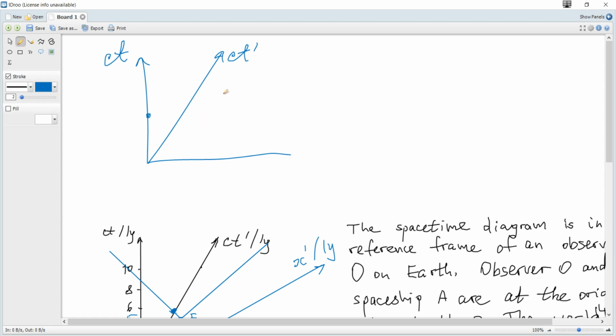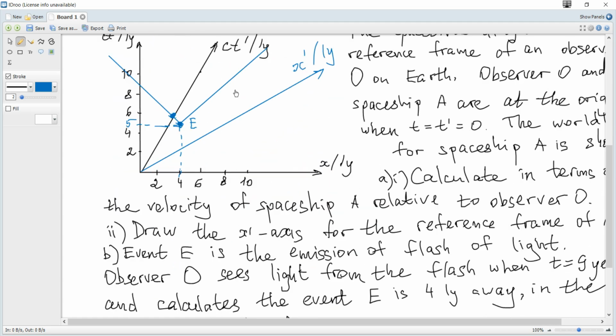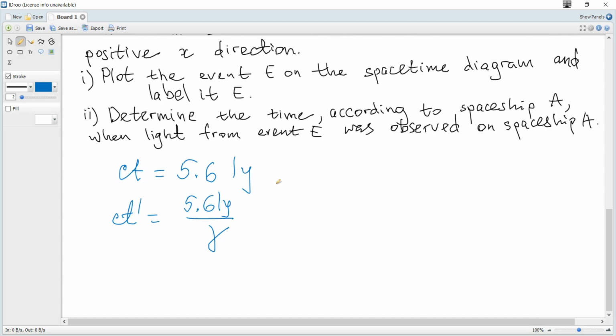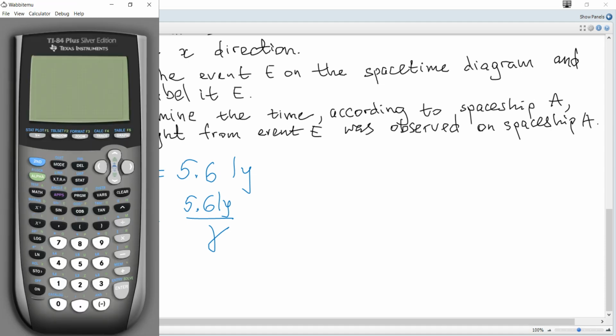corresponds to 1 over gamma on ct primed. Hence ct primed becomes 5.6 light years divided by gamma, where gamma is the gamma factor, 1 over the square root of 1 minus v squared over c squared, and for v is 0.6 c, it's 1.25.